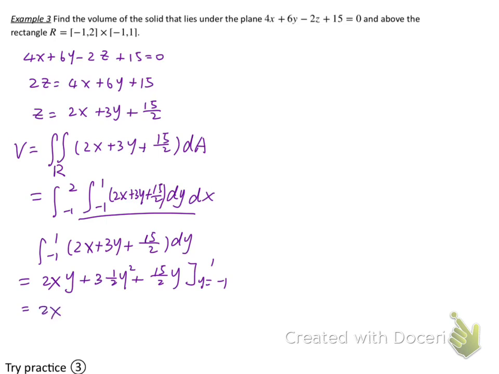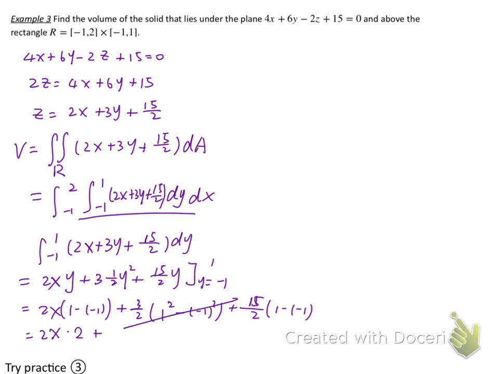So I have 2x times 1 minus negative 1, which is 2, plus 3/2 times 1 squared minus negative 1 squared, which is 0, plus 15 over 2 times 1 minus negative 1. So this is 2x times 2, plus 0, plus 15 over 2 times 2, and I have 4x plus 15.